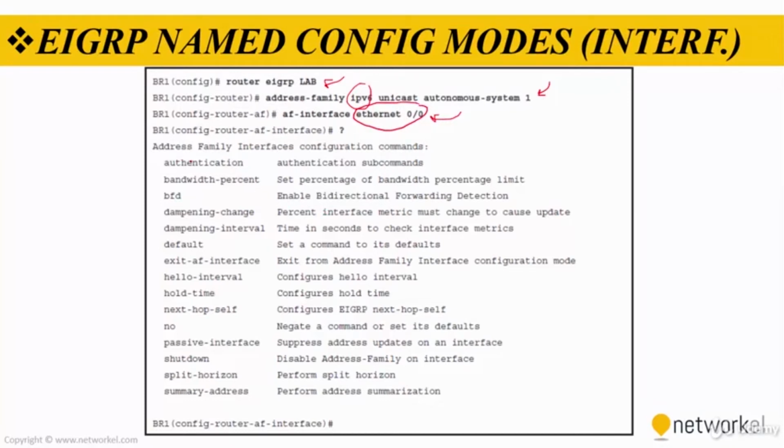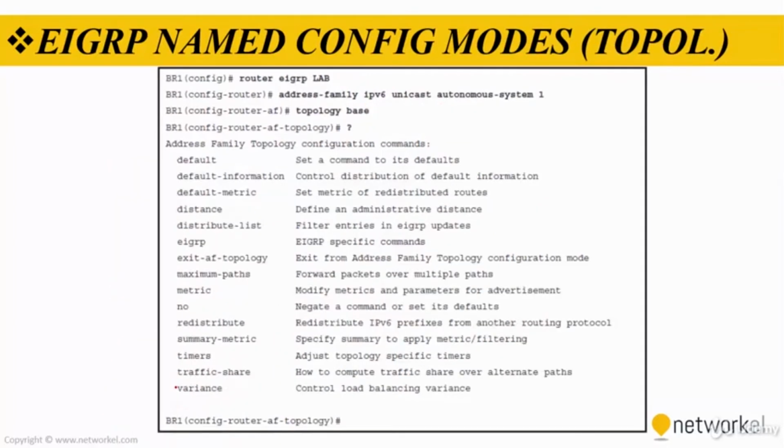And under the interface mode, we can configure authentication, we can configure BFD, we can configure the hello and hold time of EIGRP, we can configure the passive interface, and we can configure split horizon and the summary address in interface mode.